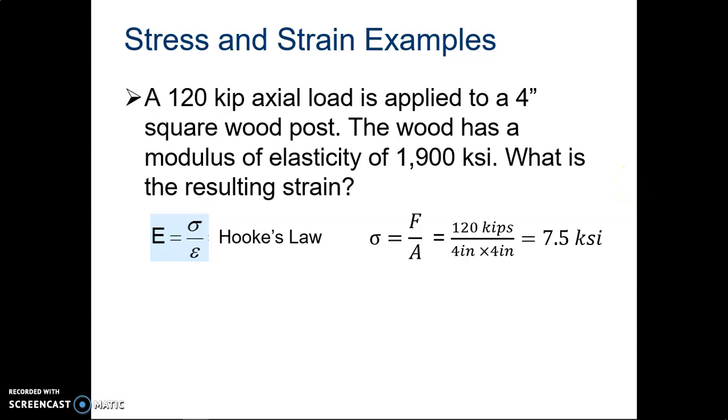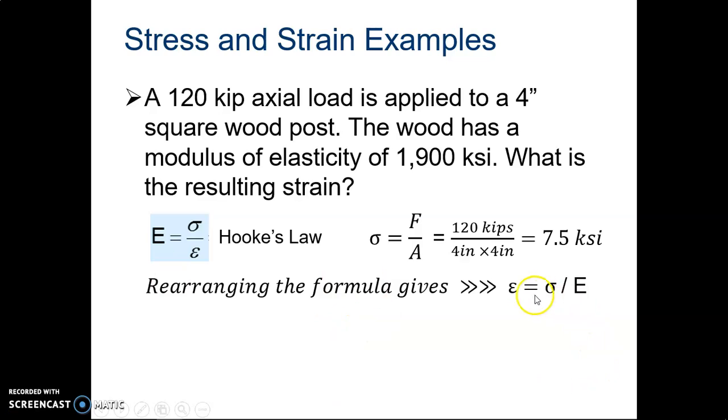Now that I know what the stress is, the question's actually asking you to find strain. So now I'm ready to go on to Hooke's law. E is given, that's 1900. We just calculated stress, that goes right here. The only thing left of our Hooke's law is the strain. So I'm going to rearrange the formula to get strain by itself.